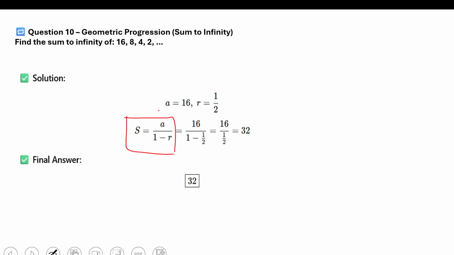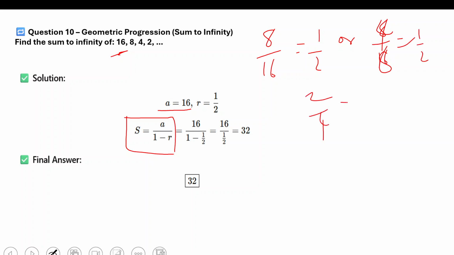Your a is 16 from here. a is 16 and r is 8 over 16, which will give us 1 over 2, or 4 over 8, which will give us 1 over 2, or 2 over 4, which will give us 1 over 2. These are gotten from this divided by this, or this divided by this. So when we plug in all these parameters in this formula, we're getting 32.